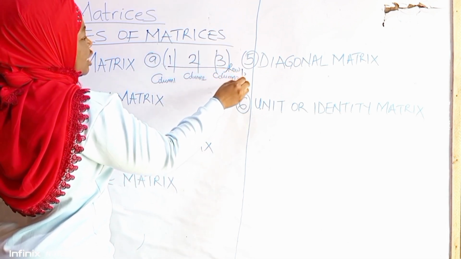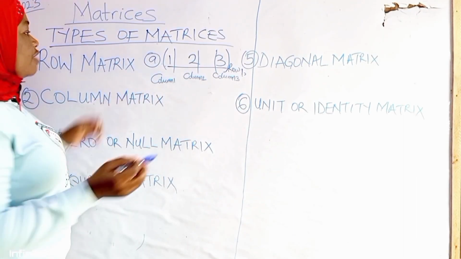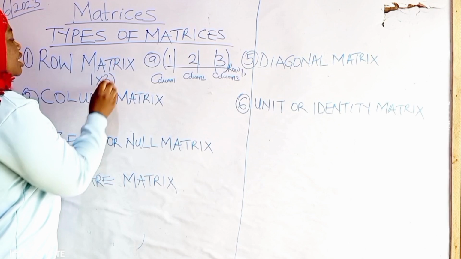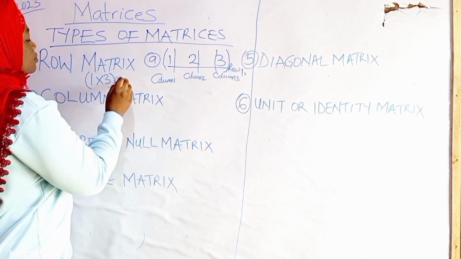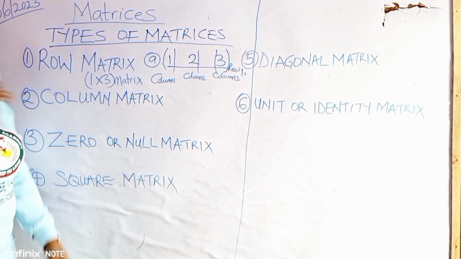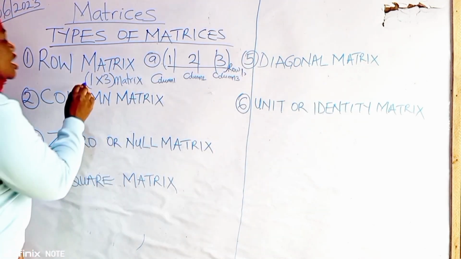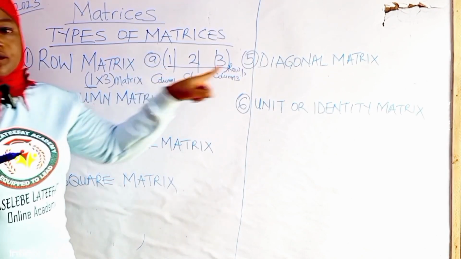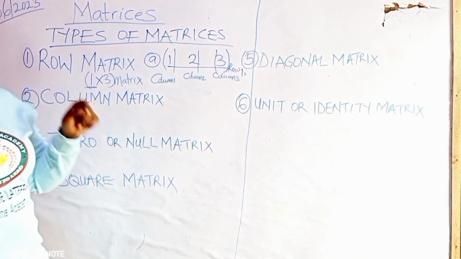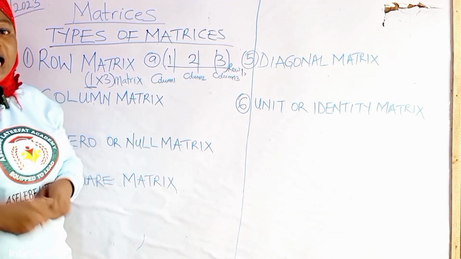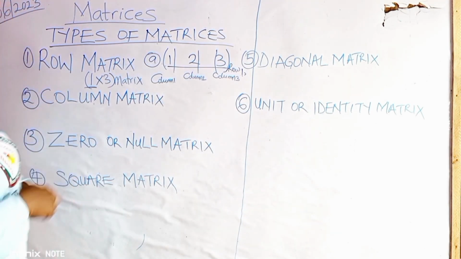So what is the order of this matrix? The order of this matrix is 1 by 3. So anytime you see a matrix that has just one row, you know that this is a row matrix. A matrix is said to be a row matrix if it has just one row.